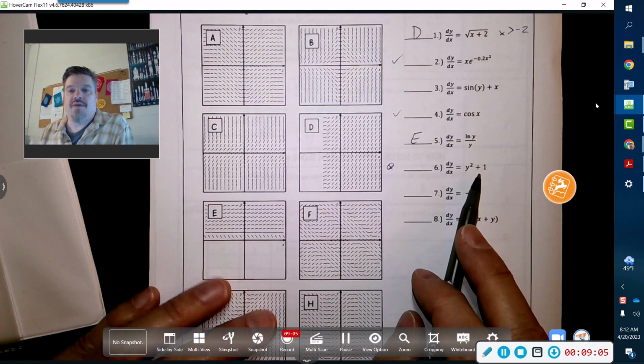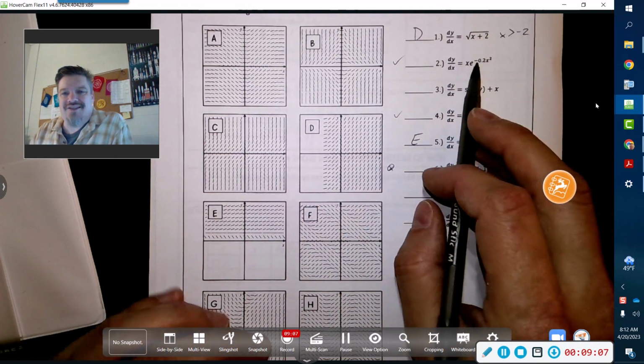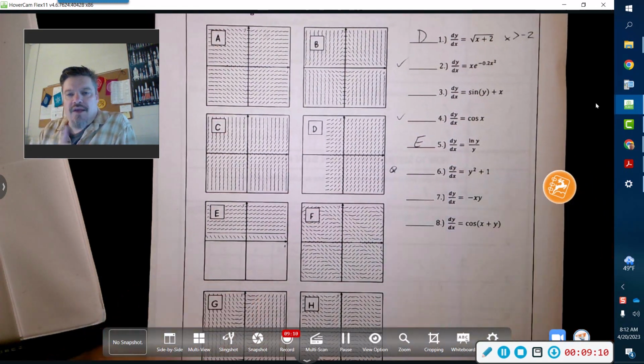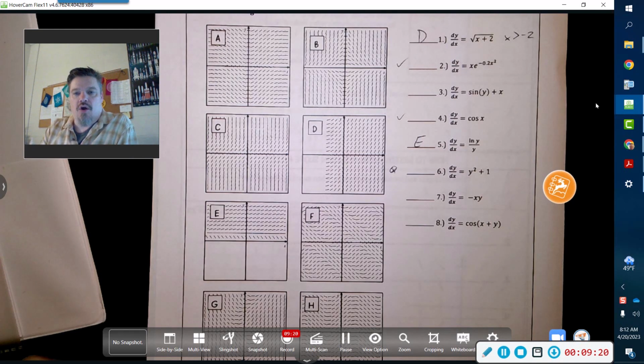This is the only one that just has a y. Let's look at the ones that just have x's. So what we're looking for now is if there's no y, that means we're going to stay consistent as we go up and down. The only thing that's changing is when we go left to right, okay?